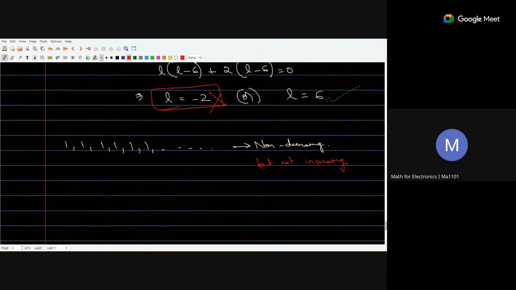Non-decreasing means it should not decrease, that's all. It can stay the same or it can increase. So that's the difference. All increasing functions you can call non-decreasing also, but not all non-decreasing functions are increasing functions.